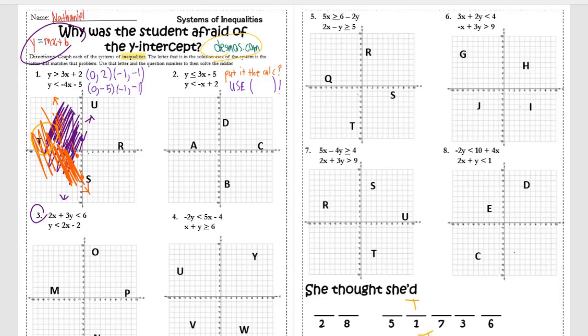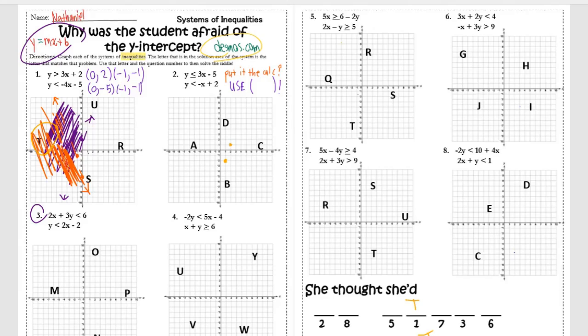Two good points for the first one, y is less than or equal to 3x minus 5, are 1, negative 2, so x is 1, y is negative 2, and 2, 1, so x is 2, y is 1.